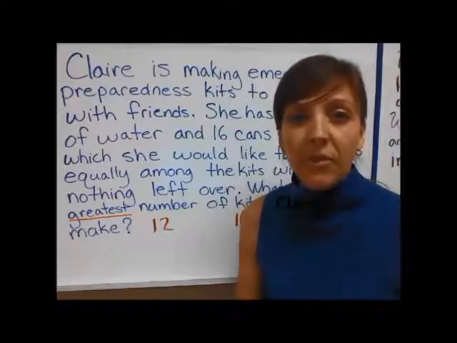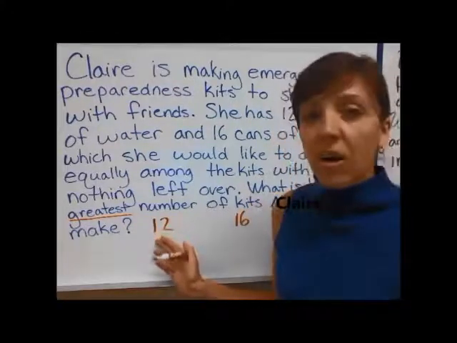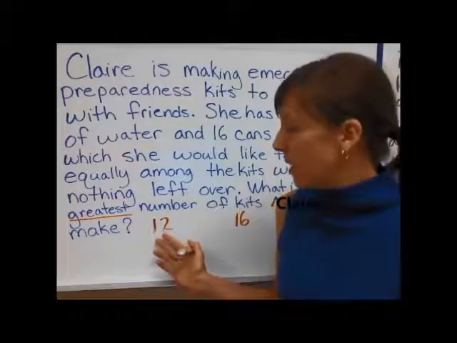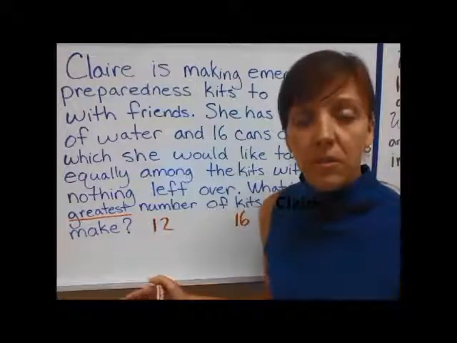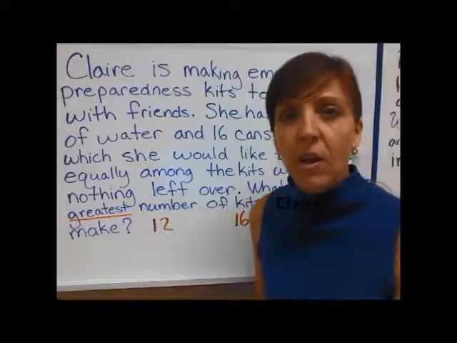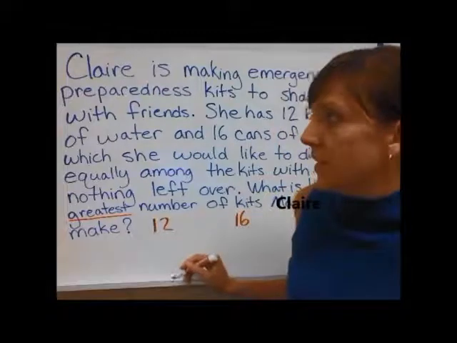So if she's splitting something into groups, is our number going to be larger than 12 or 16, or is it going to be smaller than 12 or smaller than 16? We're definitely looking for a smaller number than 12 or 16, okay?